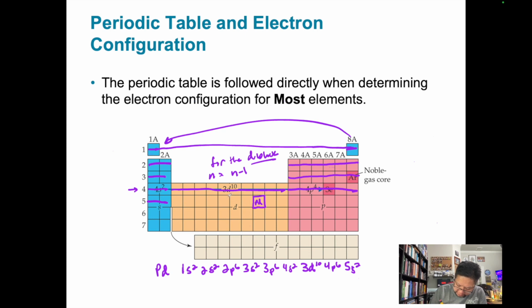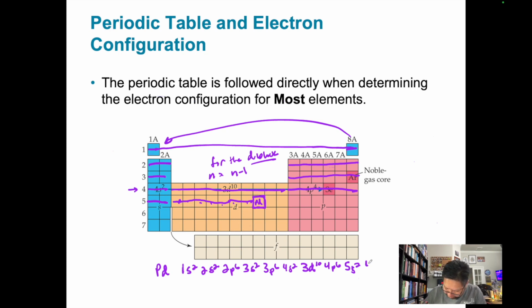So it's n minus 1, so it's going to be 4 instead of 5, right? So 1, 2, 3, 4, 5, 6. Wait, did I miscount? 1, 2, 3, 4, 5, 6, 7, 8. So 8 electrons gets you to right there where palladium is.